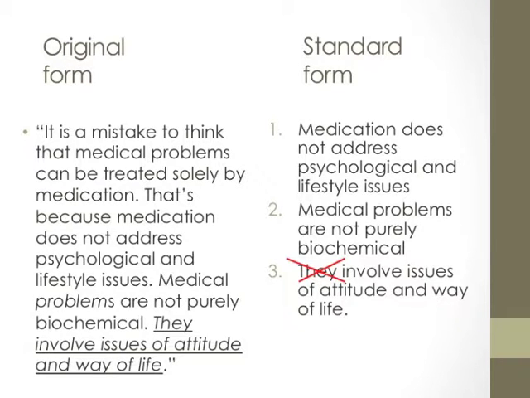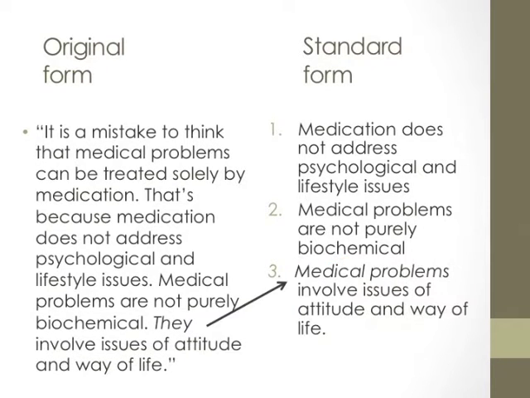However, it isn't always that clear what terms like he, she, it, their, or then refer to in a given context. So it's better if we make a habit of replacing their occurrences with the corresponding complete phrases, like so. And now we have medical problems involve issues of attitude and way of life. It doesn't matter if it sounds repetitive, because what we are aiming for here is clarity.